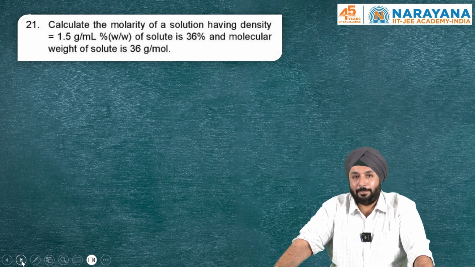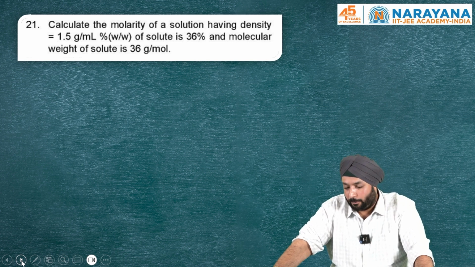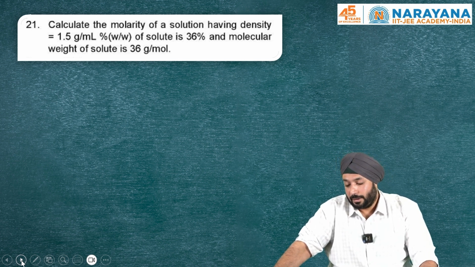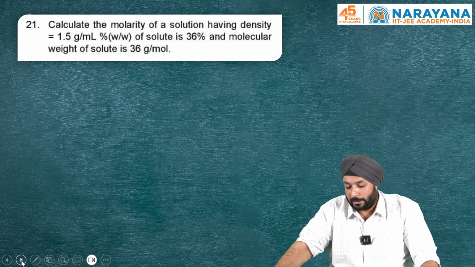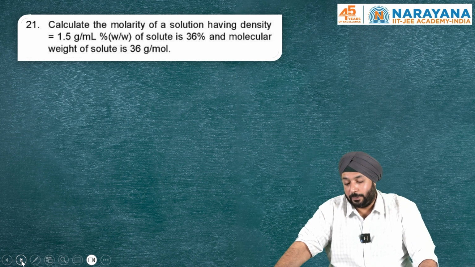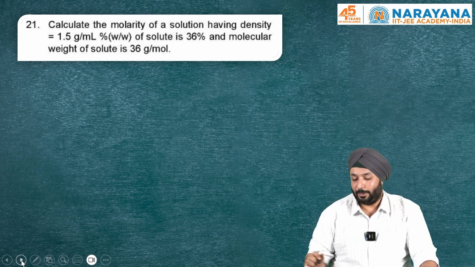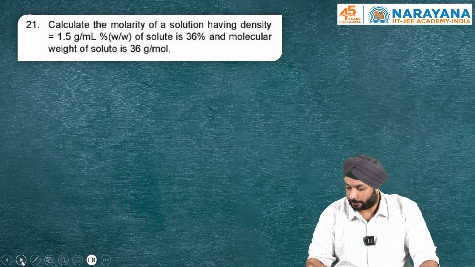So yeah, question number 21. Calculate the molarity of a solution having density 1.5 gram per ml. Percentage weight by weight of solute is given to you as 36%, and molecular weight of solute is 36 gram per mole, right? So we'll do one thing.